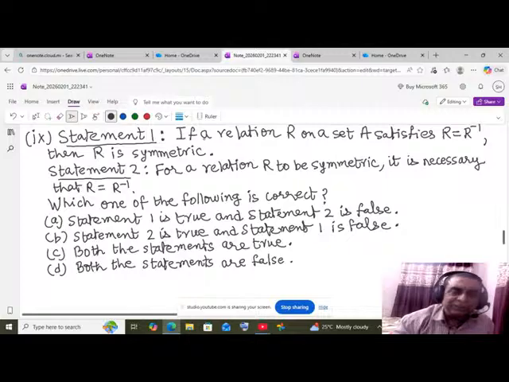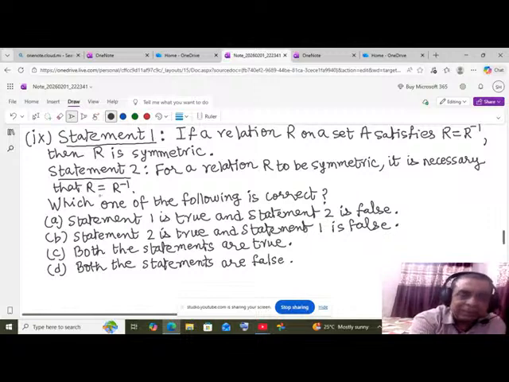If a relation R on a set A satisfies R equals R inverse, then R is symmetric. Statement number 2: For a relation R to be symmetric, it is necessary that R equals R inverse. Which one of the following is correct?